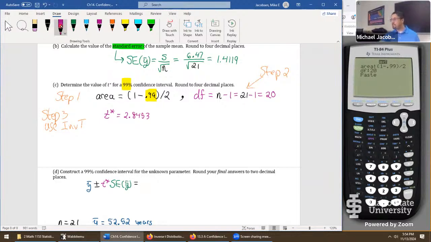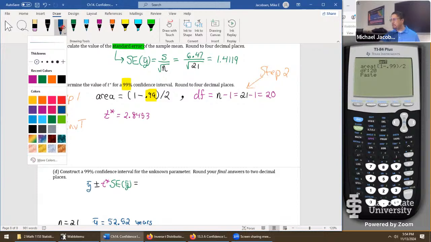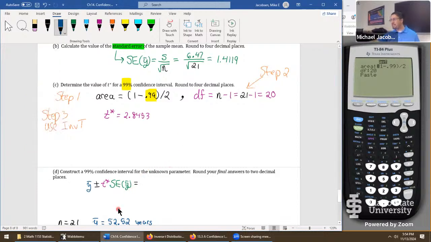Then next step, I think the mathematical statement for what we're doing is the method's called plug and chug. So we're plugging in for Y bar 52.52. You see on the bottom of the page there that we calculated ourselves. So that's awesome. Add and subtract T star from the last step, 2.8453.